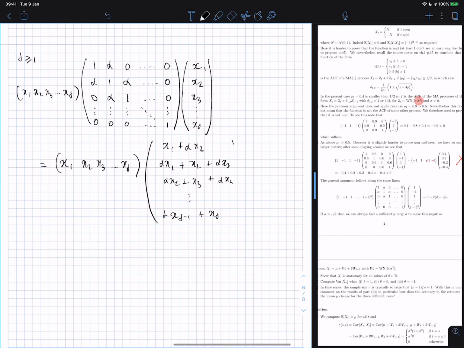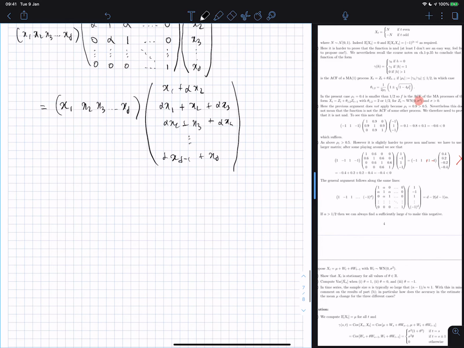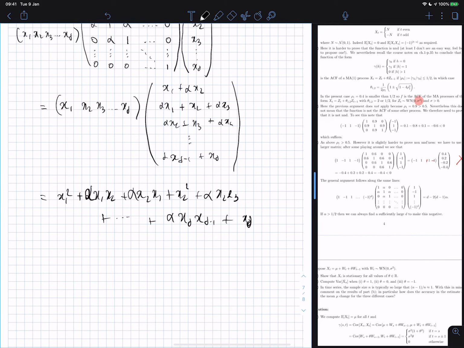And then I have x1 squared plus alpha x1 x2, plus alpha x2 x1 plus x2 squared plus alpha x2 x3, and so on up to alpha xd minus 1 plus xd squared.